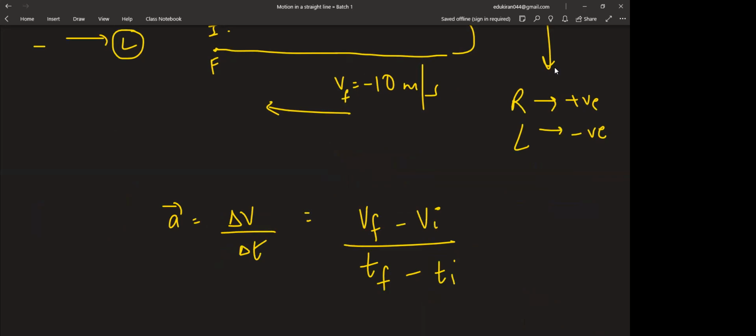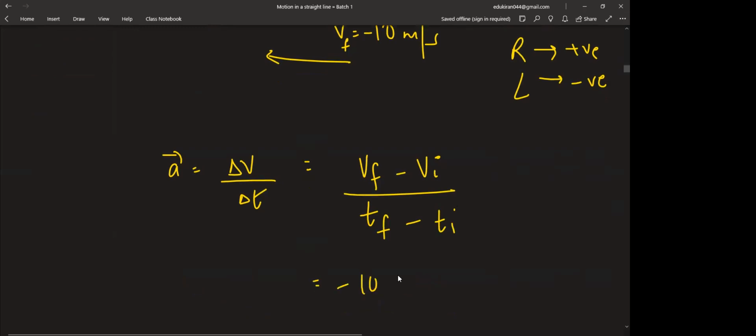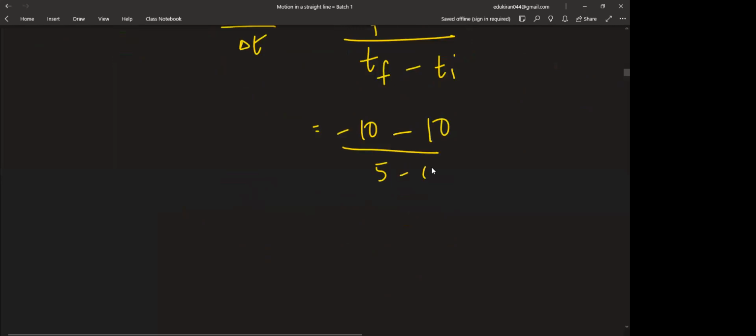Our final velocity, after taking the U-turn, is minus 10, and initial velocity is 10, divided by time, given as 5 seconds. So 5 minus 0. So this becomes minus 20 by 5, which is equal to minus 4 meter per second square.